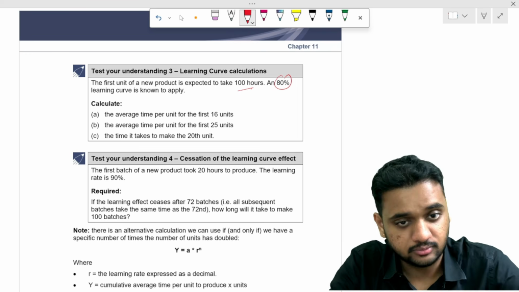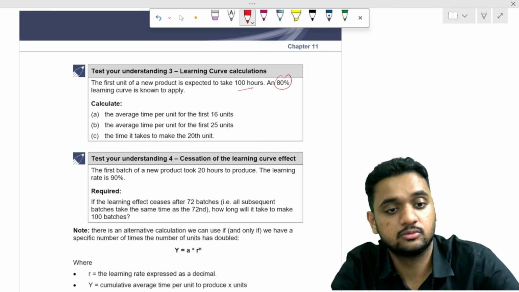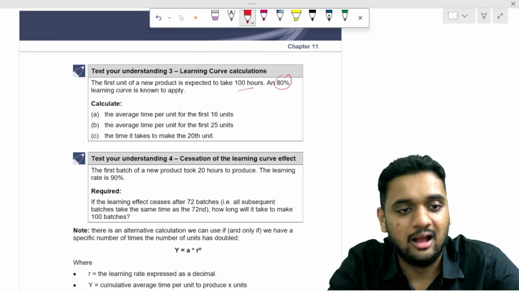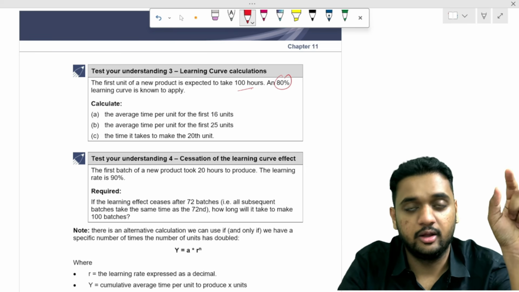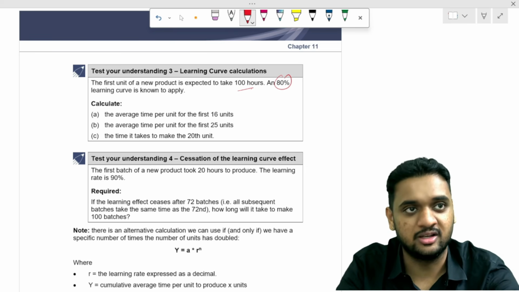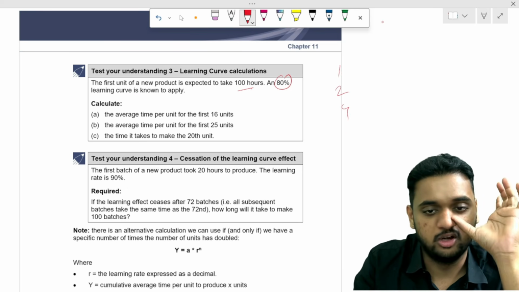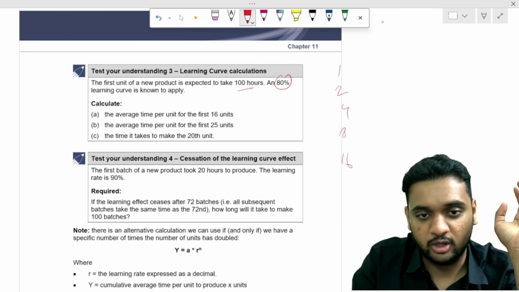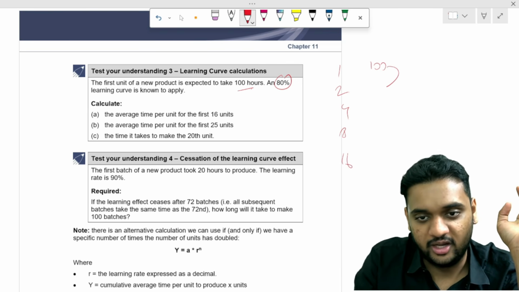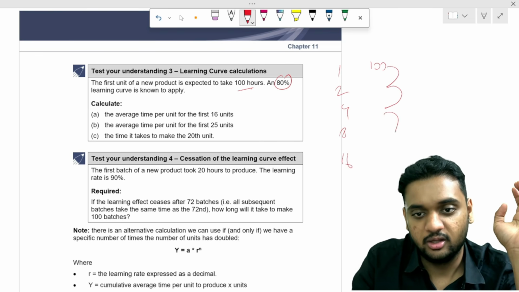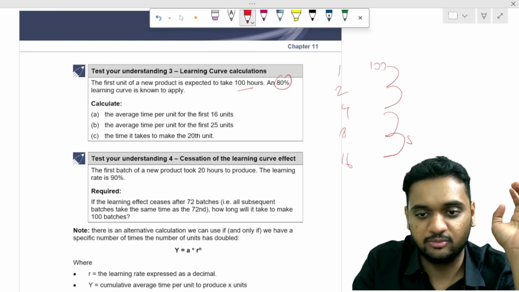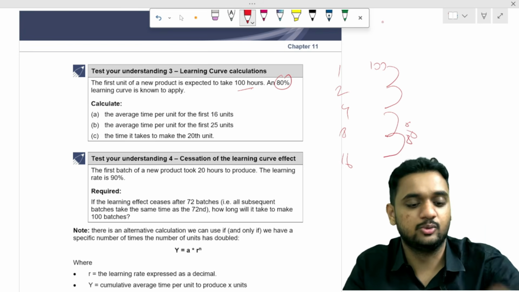What you did? First unit is 100. 100 into 2 into 80% into 80% into 80%. How many times you did? From 1 it will become 2, it will become 4, it will become 8, it will become 16. So you have to do 100 into 80% into 80% into 80% into 80%. 4 times if you do, you will get this answer. This is one way of doing.